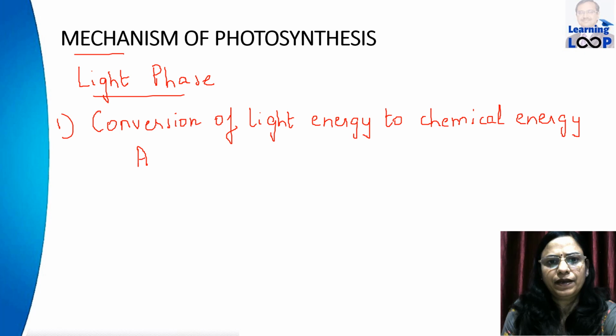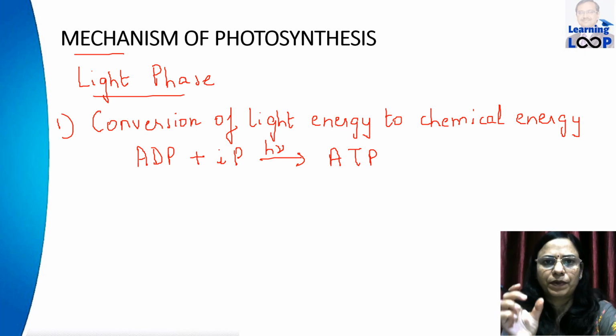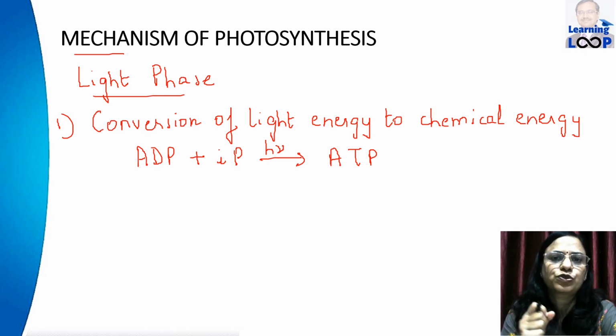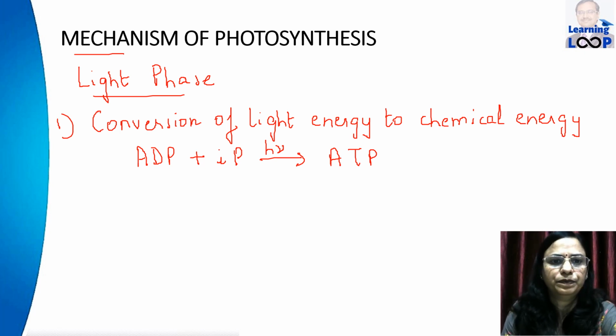So ADP, that is adenosine diphosphate, combines with a molecule of inorganic phosphate and gets converted to ATP in the presence of sunlight. The bond that is formed is storing all the energy in it. Whenever this energy is required, the bond will break and the energy will be released at one go.